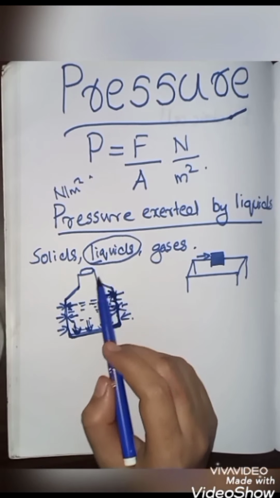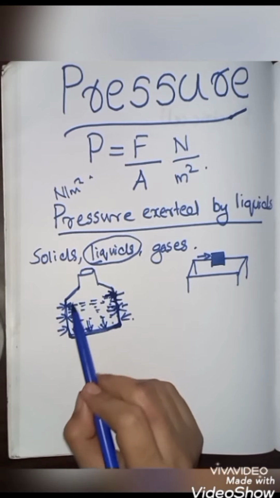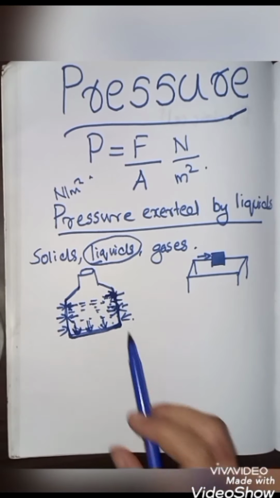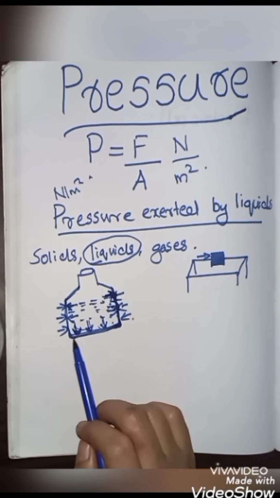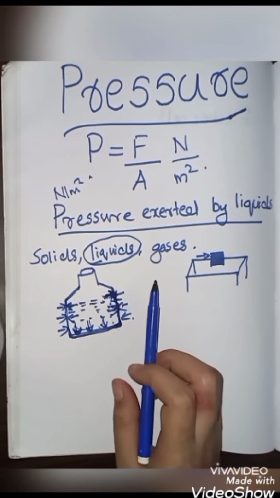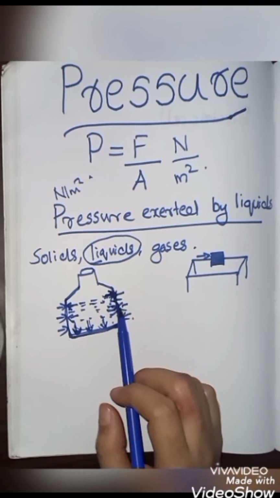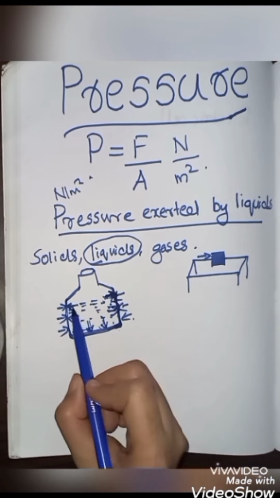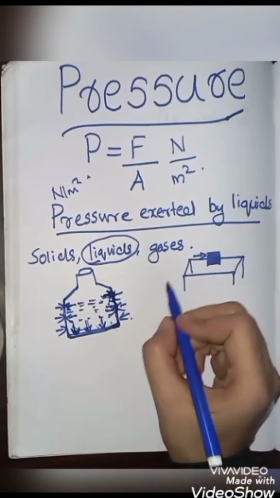That is, the liquids always exert pressure on the walls of the container. Here the water exerts pressure on the side wall and the downward part of this bottle. So, we can say that the liquids exert pressure on the walls of the container sidewise and downward. Okay.